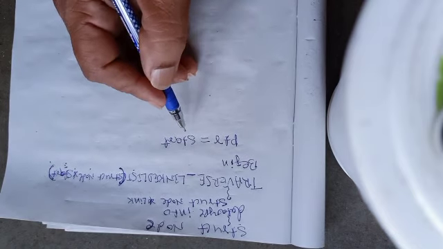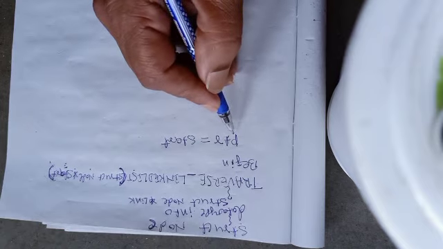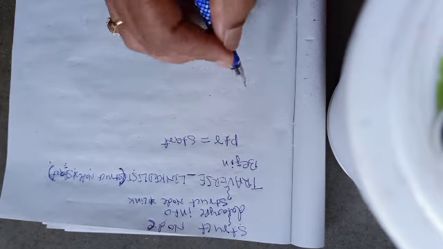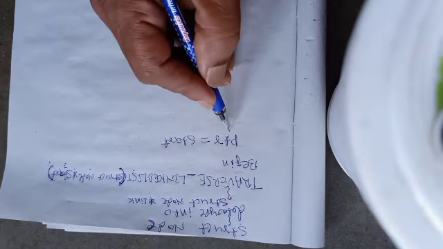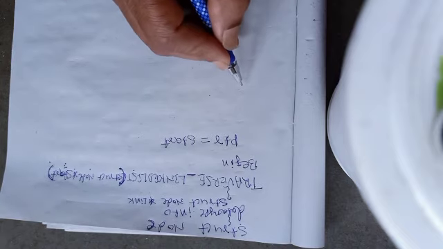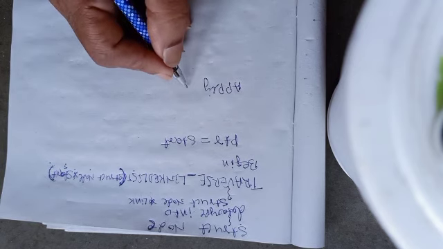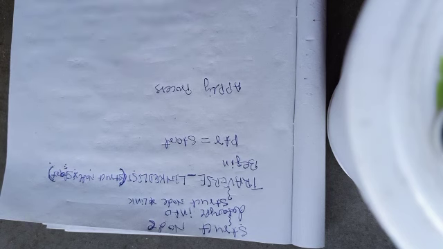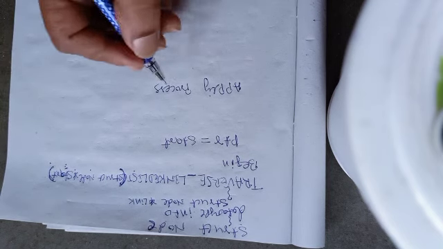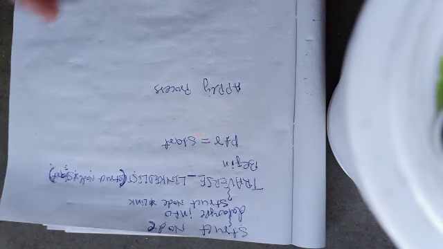Now suppose the value of start is stored in ptr, meaning ptr contains the address of the first node. So if I get the address of the first node in ptr, I can apply the process. Apply process to whom? I shall apply the process to the info part of ptr.